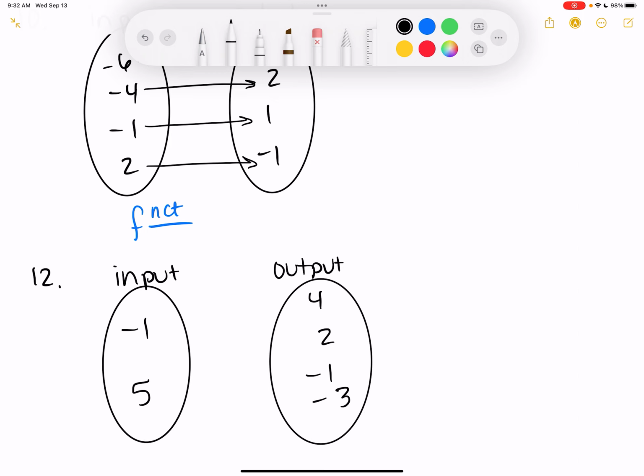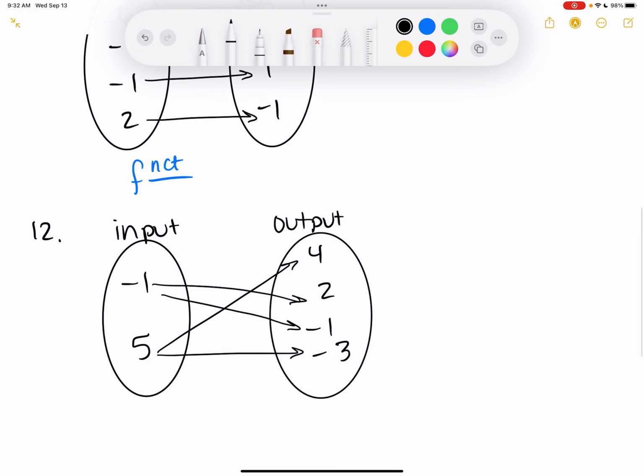So -1 goes to 2 and -1. 5 goes to 4 and -3. So is this a function or not? Why not? Because it has repeating input. Yep. So as soon as you see that there are more outputs than inputs, you automatically know it is not a function.